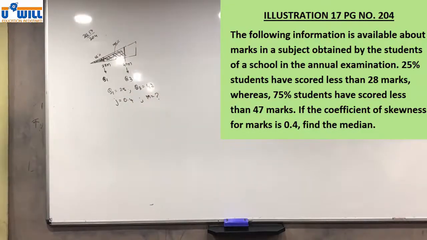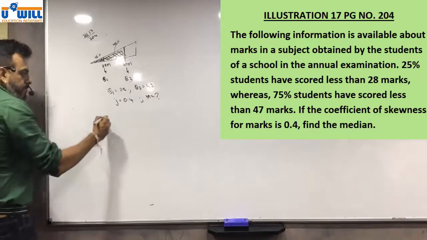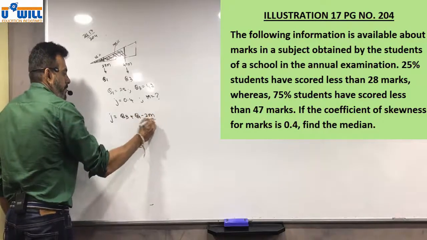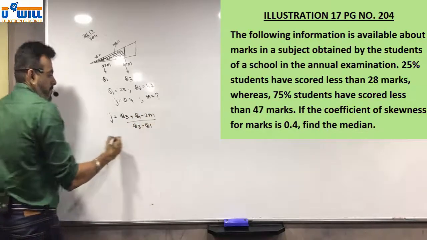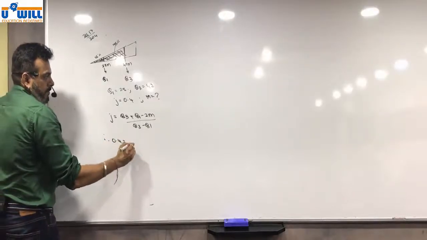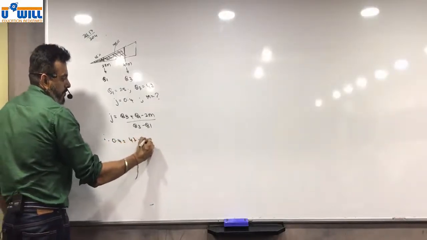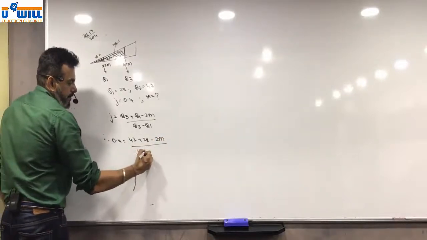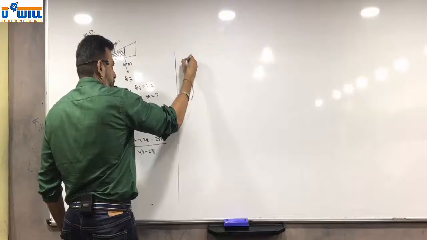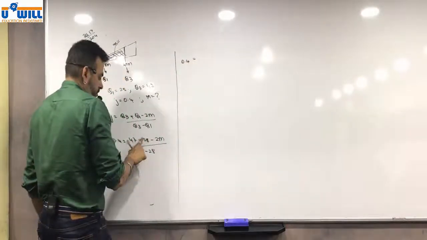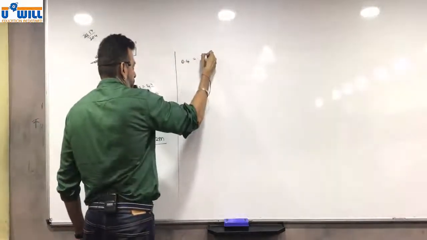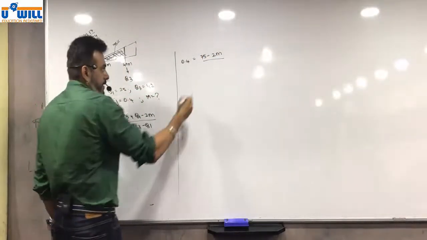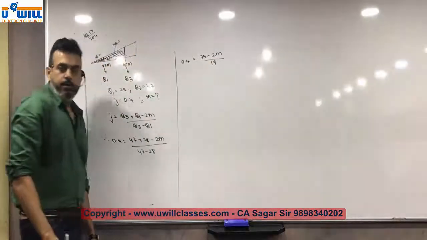Write the formula first. Plus 28 minus 2m upon 47 minus 28, 0.4 is equal to 75 minus 2m upon 47 minus 28, 19.